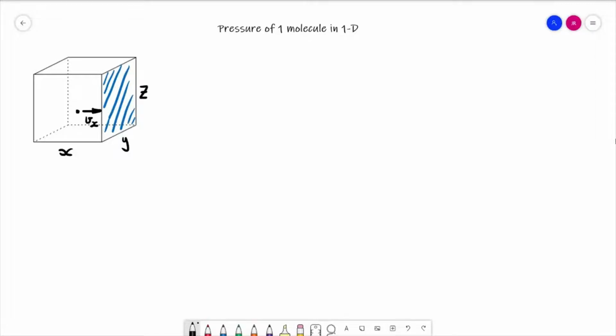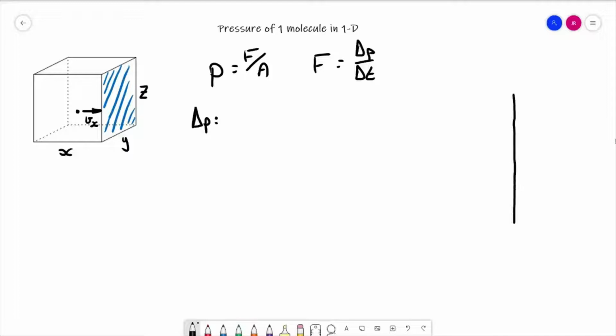So we know full well, let's just remind ourselves we need force over area, but of course force is the rate of change of momentum. So first let's have a look at what the change in momentum of this molecule is going to be.